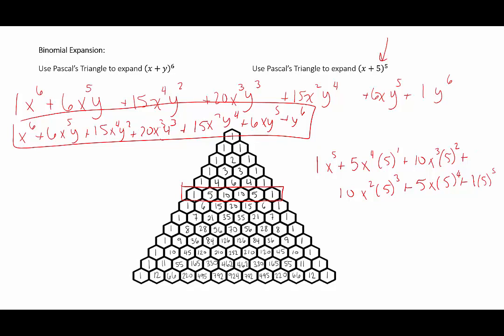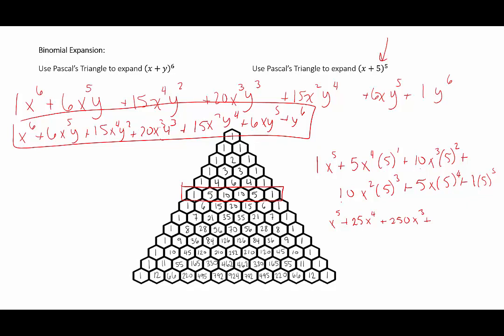So now we actually have to do a little bit more work because we have the 5s that were previously variables and now they're not. So the first one we still have x to the 5th. For the second one we have 5 times x to the 4th times 5, so that'd be 25 x to the 4th. The next one we have 10 times x cubed times 25, that would be 250 x cubed.